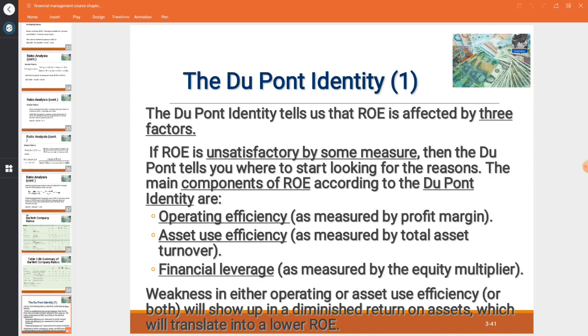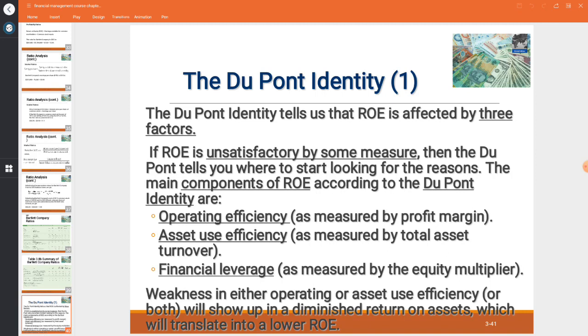The first subsection is called operating efficiency. The second subsection is called asset use efficiency. And the third subsection is the financial leverage.